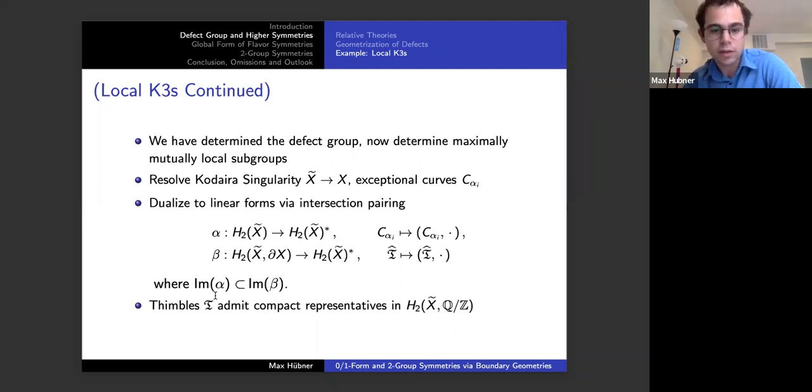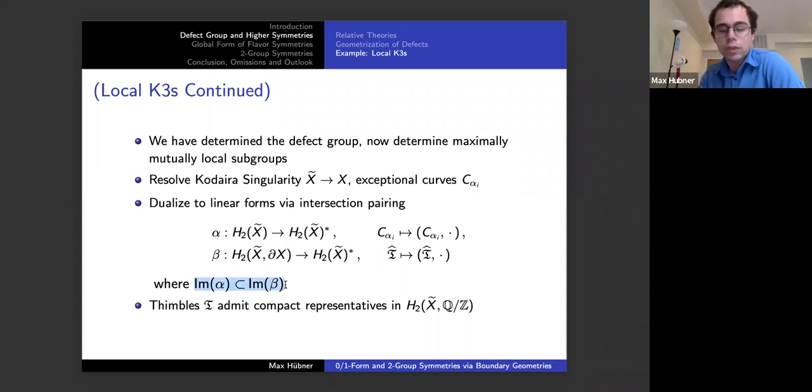And we need to study these cycles. And so what we're going to do is we're going to dualize to linear forms via the intersection pairing. So we're going to take compact 2 cycles and we're going to insert them into the intersection pairing and generate a linear form like this. And similarly, we're going to do this with relative 2 cycles. Because this here is a subgroup of this, we find that the images are nested like this.